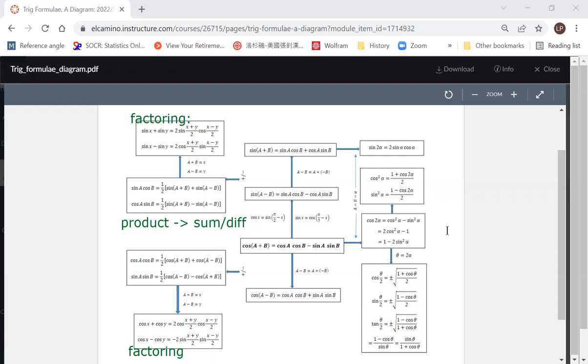You will not need to memorize them if you go through this process.